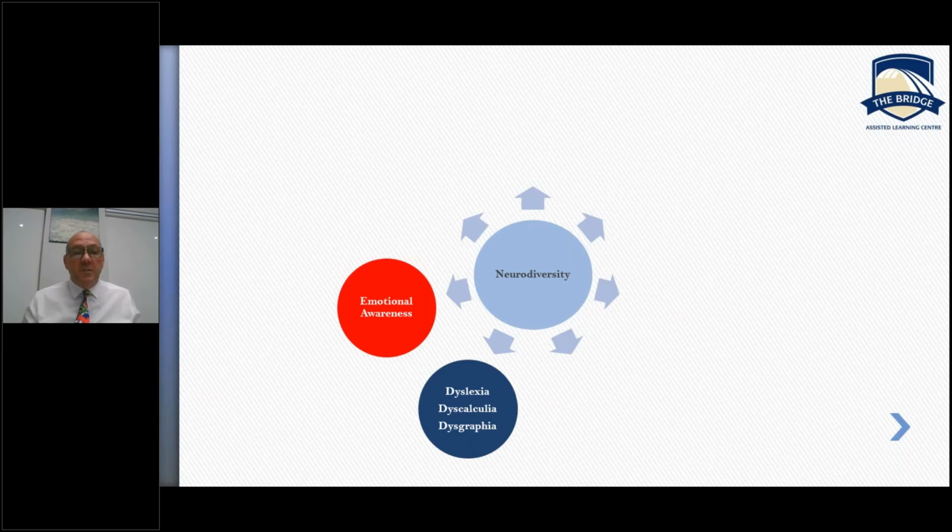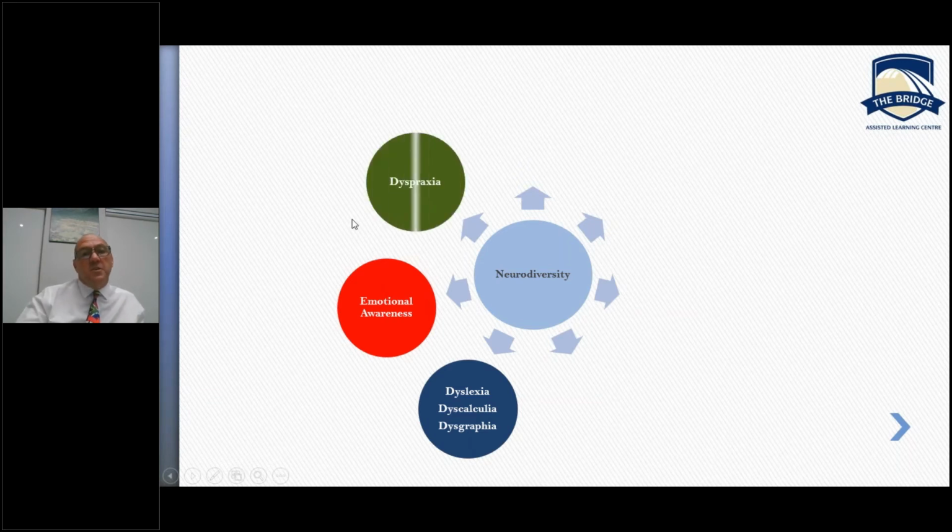So that emotional awareness is very strong. Another word for it could be emotional IQ, EQ. People talk about EQ, having that emotional intelligence, being aware of other people's emotions. So that's sometimes a strength that you might find in somebody else who may have a dyslexic problem, but emotional awareness being strong.